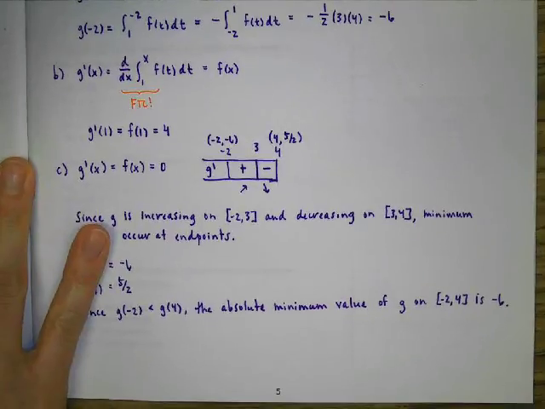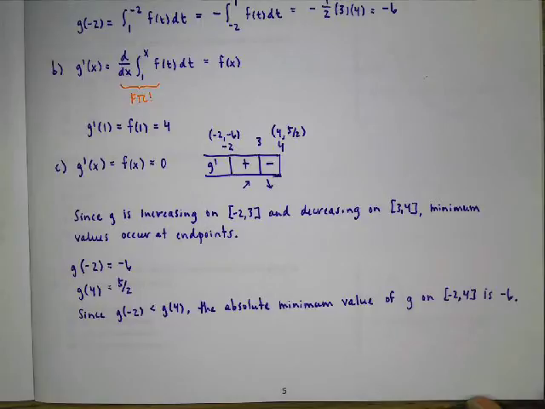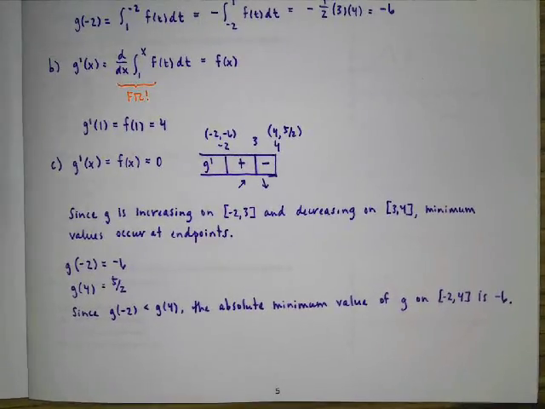Let me move this over so you can see that. Okay, so the absolute minimum value of g is -6. Since they asked for the value, they want that y value.